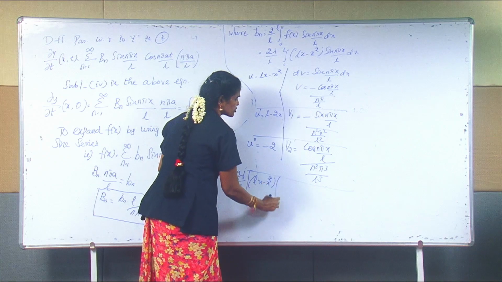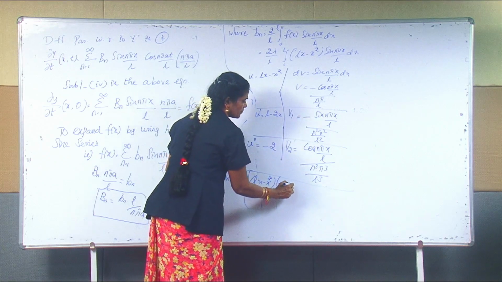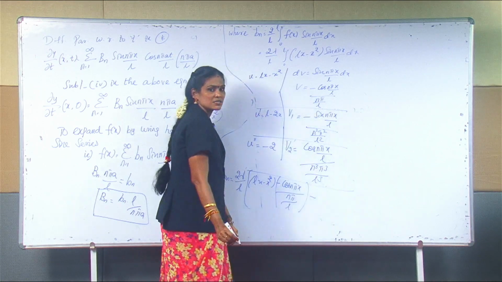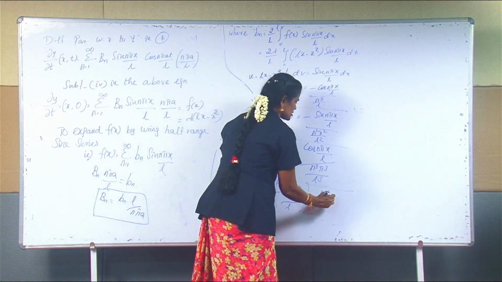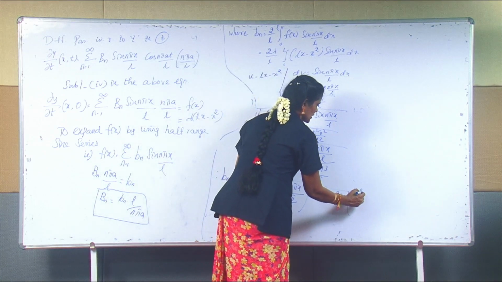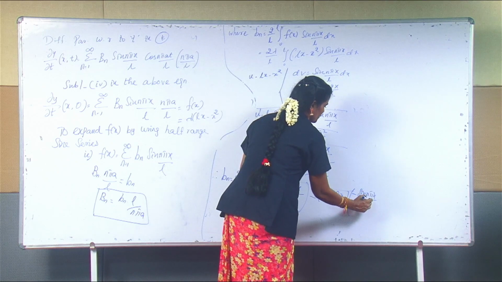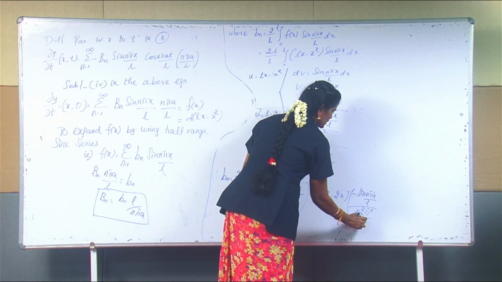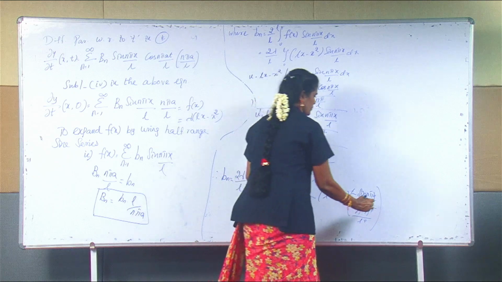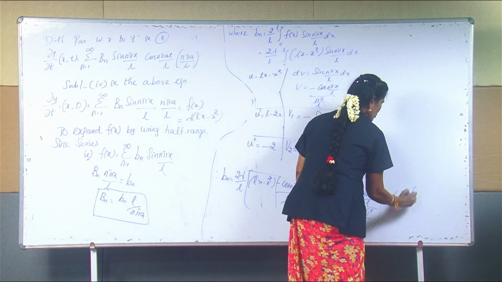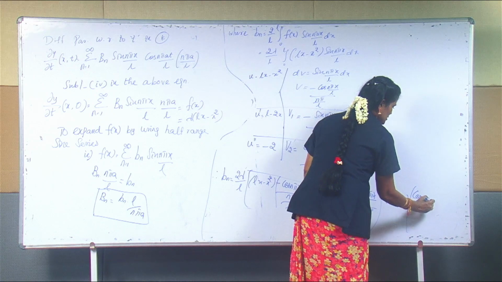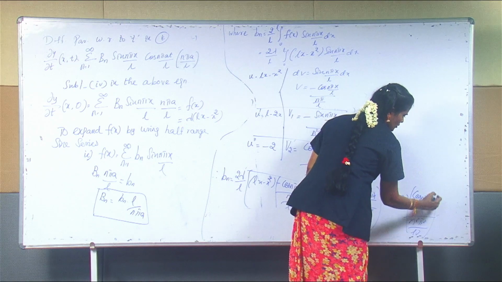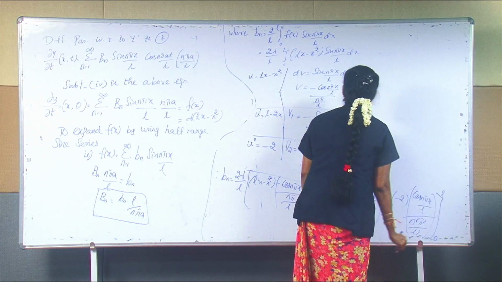You have to consider every function within the bracket, minus cos n pi x by L divided by n pi by L. In the formula we have the minus symbol, L minus 2x into minus sin n pi x by L divided by n square pi square by L square, plus minus 2 into cos n pi x by L divided by n cube pi cube by L cube. Your limit is 0 to L.